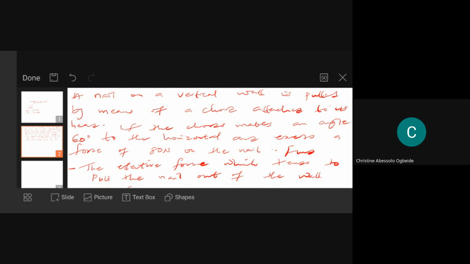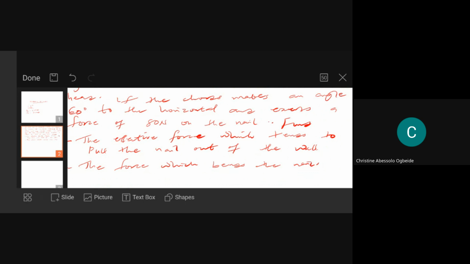If the cord makes an angle of 60 degrees to the horizontal and exerts a force of 80 Newton on the nail, we should find the effective force which tends to pull the nail out of the wall, and equally we should find the force which bends the nail.